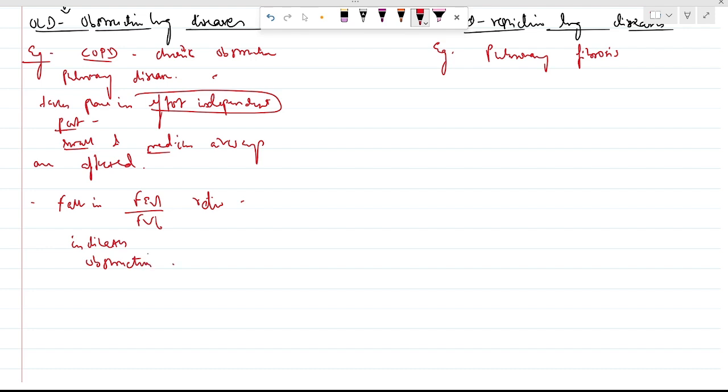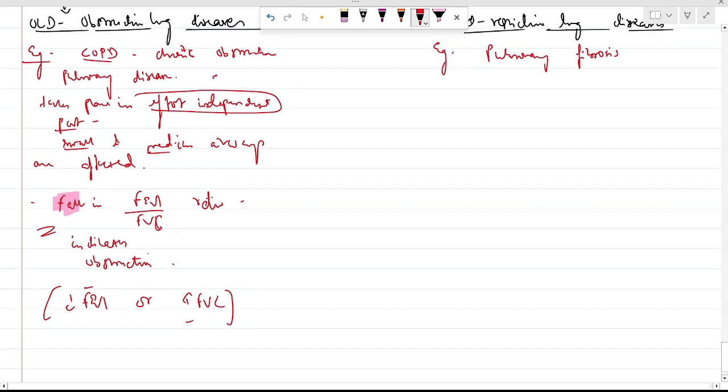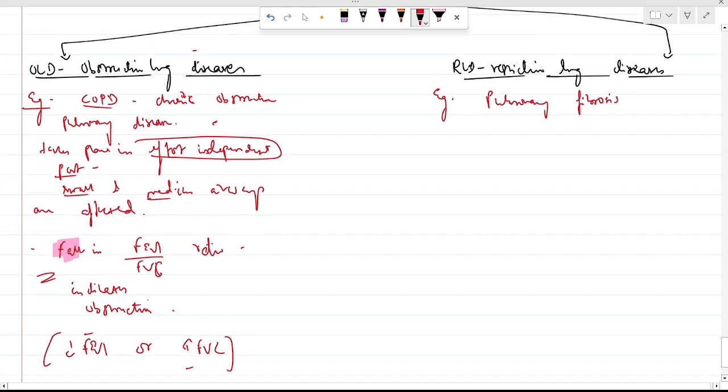The reason is either FEV1 will decrease in the numerator, or FVC will increase in the denominator, so there is a fall in the ratio. OLD, COPD: fall.